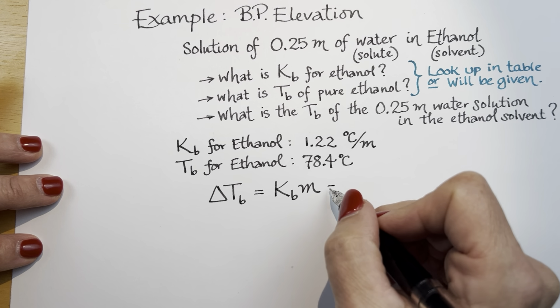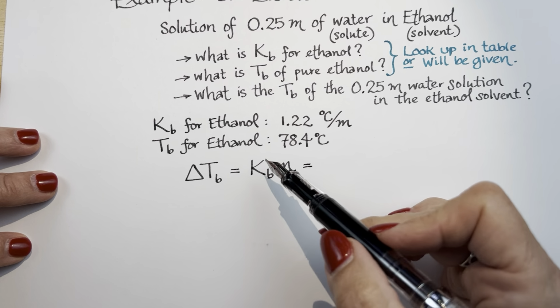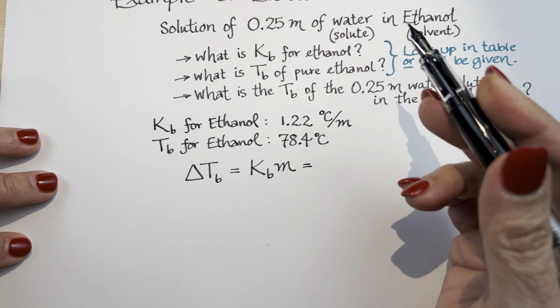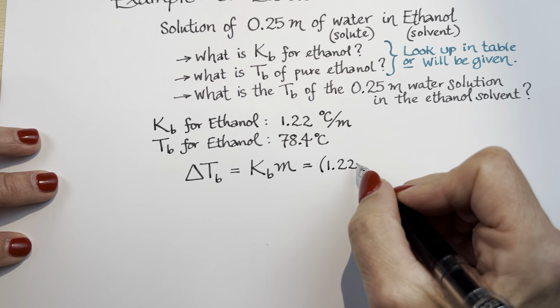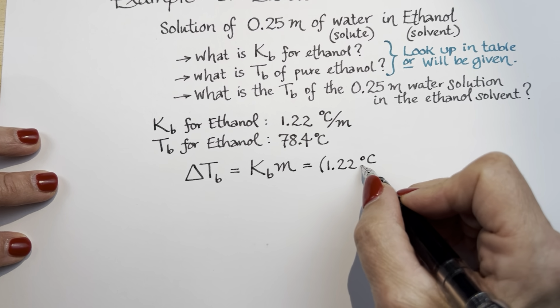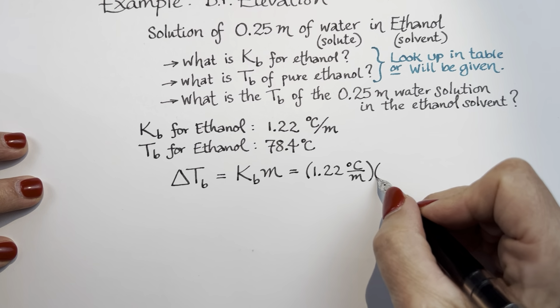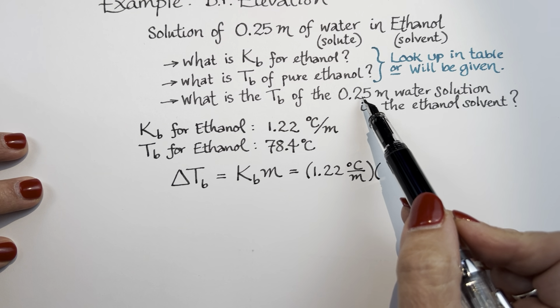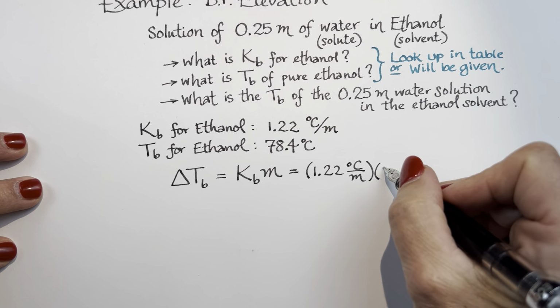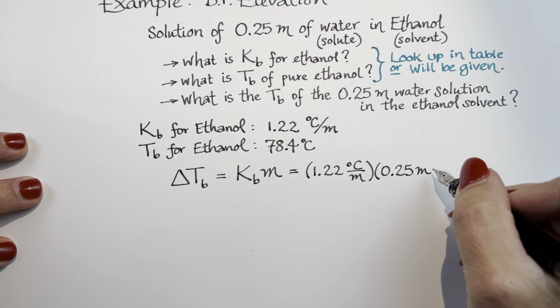Okay, great. So we have here the boiling point elevation constant. Excellent. 1.22 Celsius per molal. And we can multiply that by the molality, which was given in the problem, 0.25 molal.